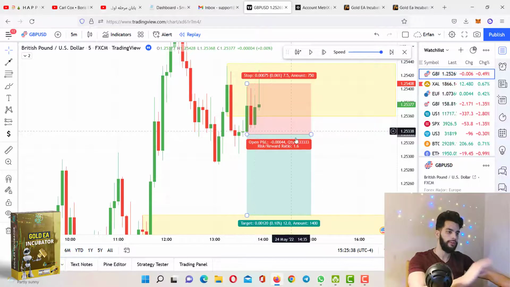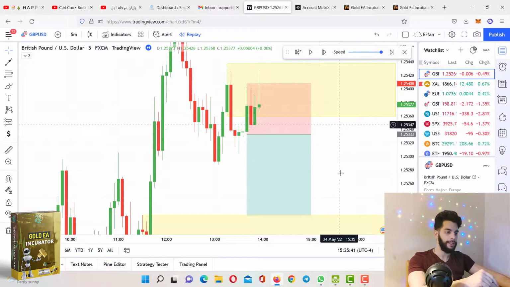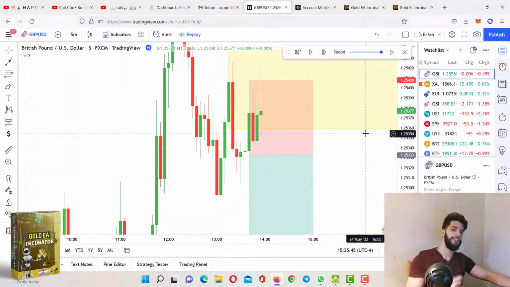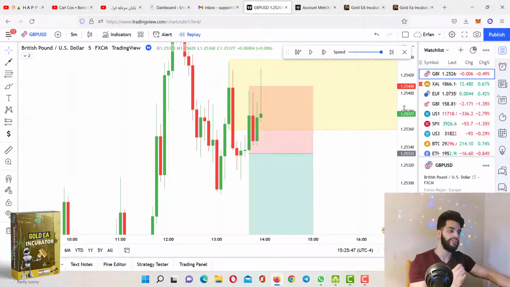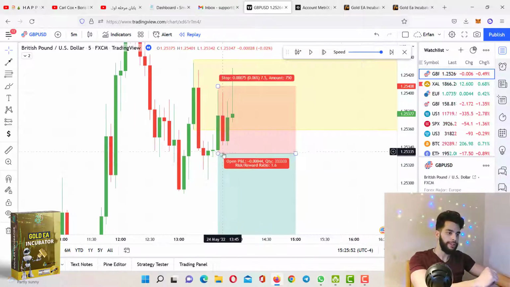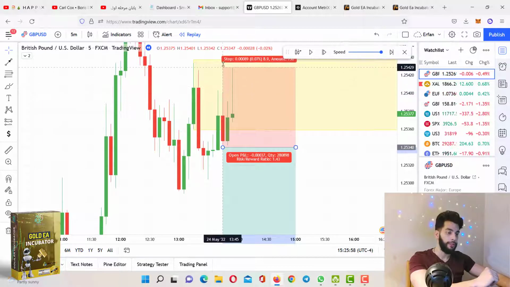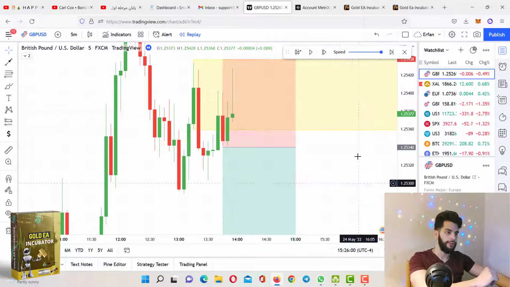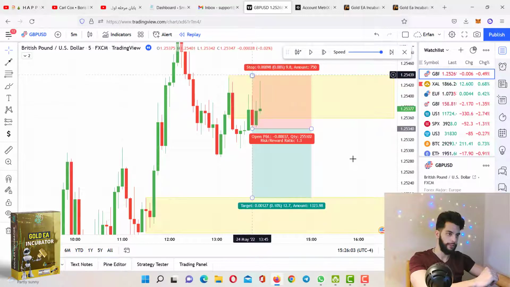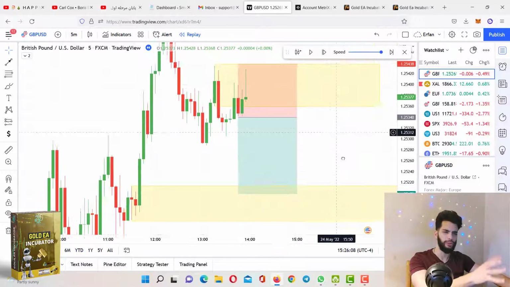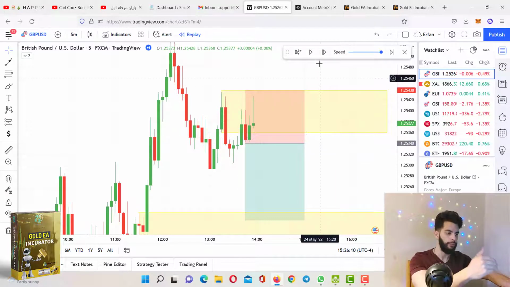And then after 1, 2, 3 candles, it didn't trigger. So when I saw this candle right here, this hammer candle, I knew that the sellers are trying to push the price towards downside exactly inside our high probability supply zone. So what I did was I moved my seller stop right here, my stop loss was exactly right here above the zone, and my TP was right here, something like 1 to 1.5.